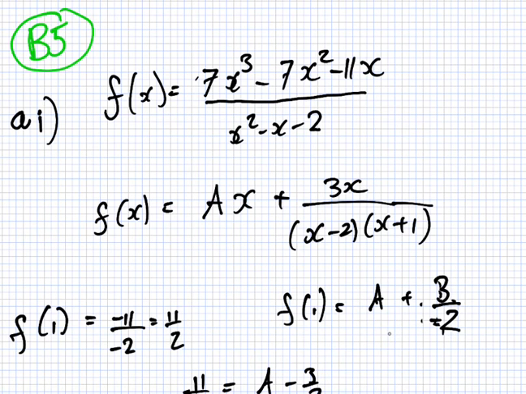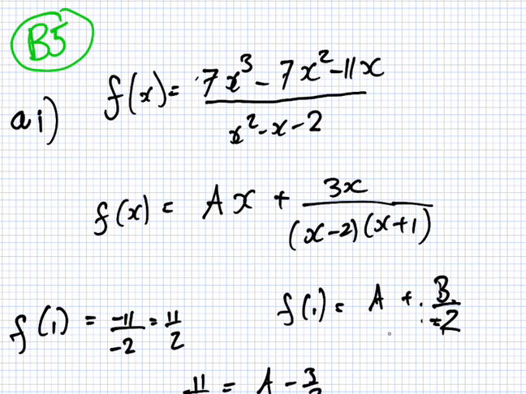All students in September did the full long division, which is not wrong, it's just not the quickest way to do it. So if you get something similar, you can do a part of the long division, enough to get the A value, or you can do what I just did here as well.